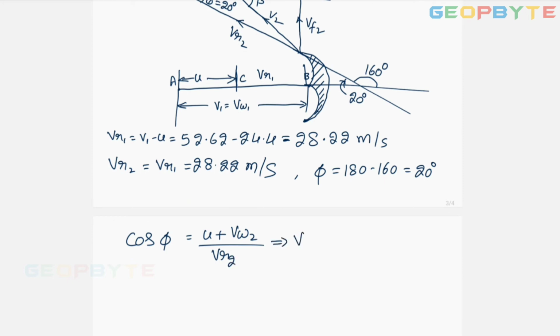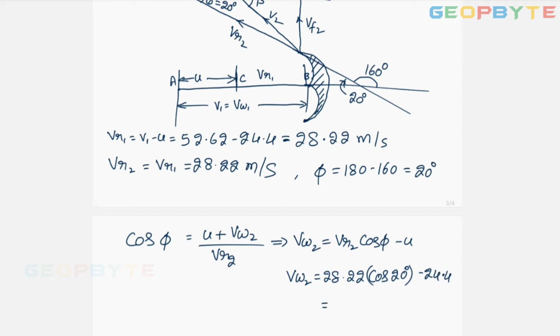From this VW2 equal to VR2 cos phi minus U. So VW2 equal to 28.22 cos 20 degrees minus U, 24.4.